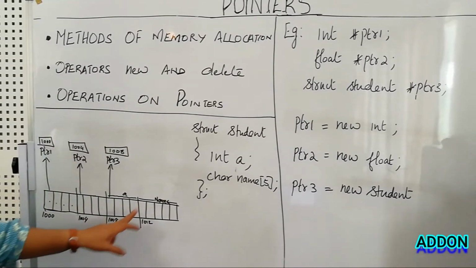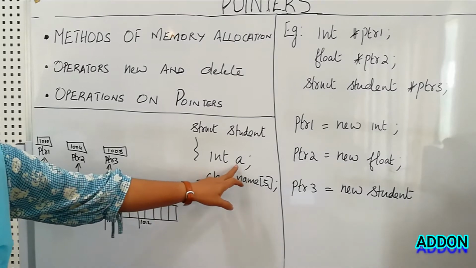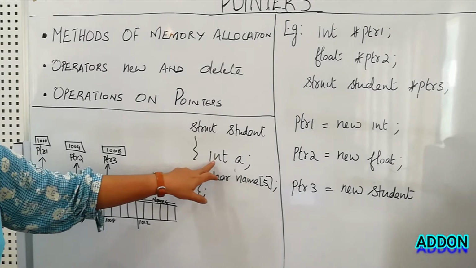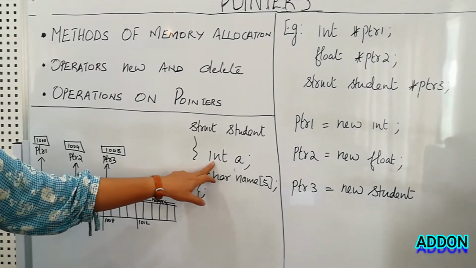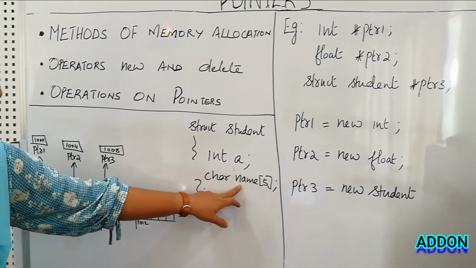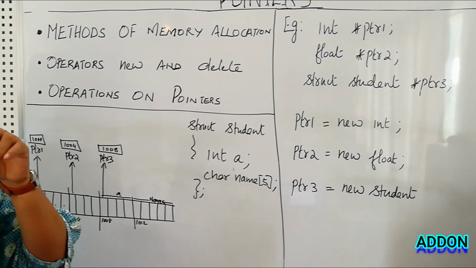And in the third case, it is a structure. It contains two data members. The first one is a and the second one is name. The first one is of integer type data, that means it requires 4 bytes of memory, and the second one is of character type of data, and it requires 5 bytes of memory because character data type takes 1 byte of memory.